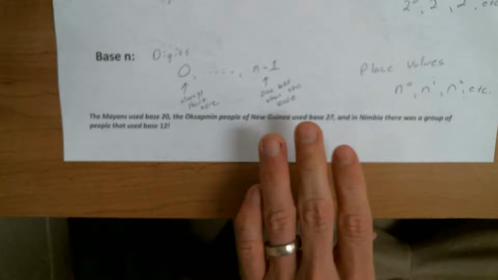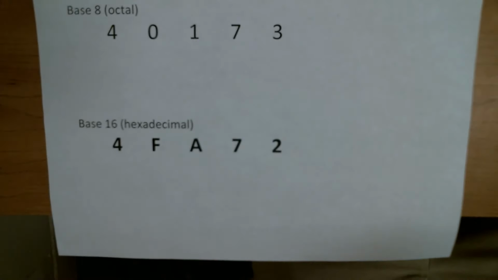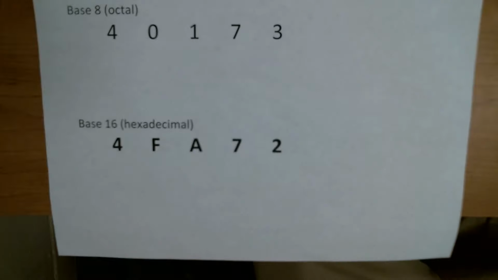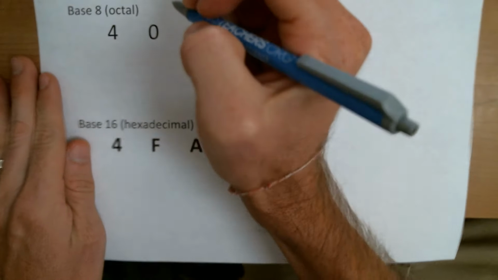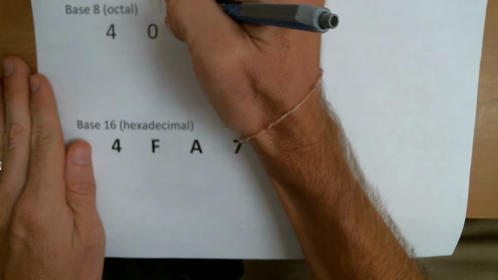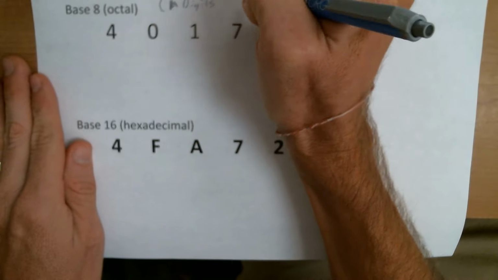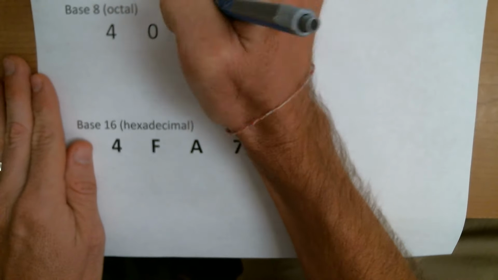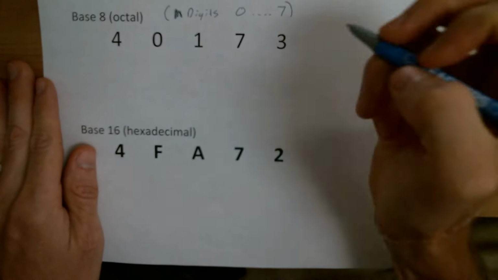Now, the other two big ones that we're going to see in computer science are base 8 and hexadecimal. These are the two that you're going to be responsible for in addition to base 10 and binary. So octal, base 8, based on what we just said, means that we're going to have digits 0 to 7, and these are all powers of 8.